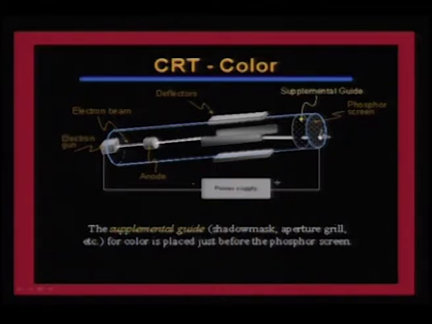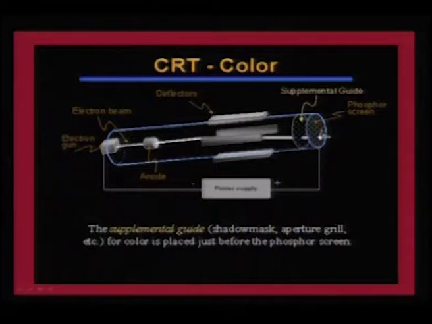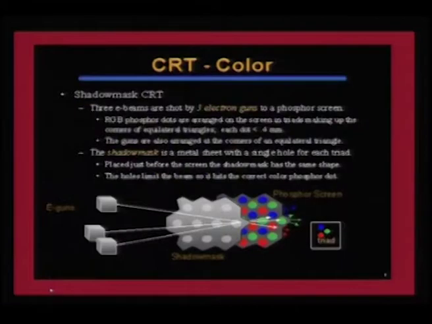So, this supplement guide is also called a shadow mask, and if you have this shadow mask in front of the phosphor screen, then that means you are talking about a color monitor system. But if it is a monochrome material, you do not need this supplemental guide or the shadow mask. So, we will see how this shadow mask will work.